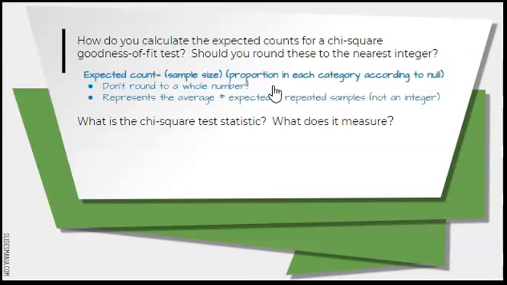So if 80% of the population in this area is brunette, I take my sample size and multiply it by 0.80 to find out how many I would expect to be brunette. Things to remember: don't round these to a whole number. It's very common you're going to get a decimal, but that's okay. It represents an average number expected in repeated samples. It's not an integer, it's an average. So resist the temptation to round.